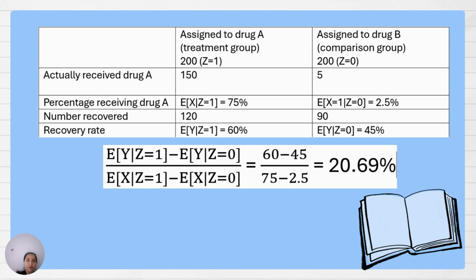In the third row, you can see the number recovered. Let's suppose out of 200 who were assigned to the treatment arm, 120 recovered, and out of 200 who were assigned to the comparison arm, 90 recovered. Therefore, the recovery rate would be 60% for the participants in the treatment arm and 45% for the comparison arm.